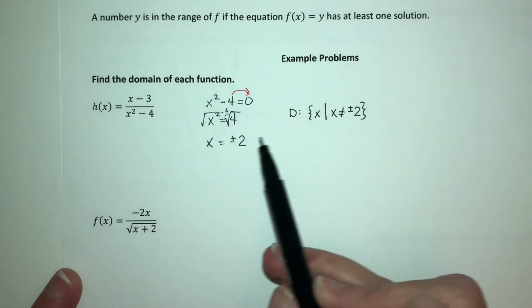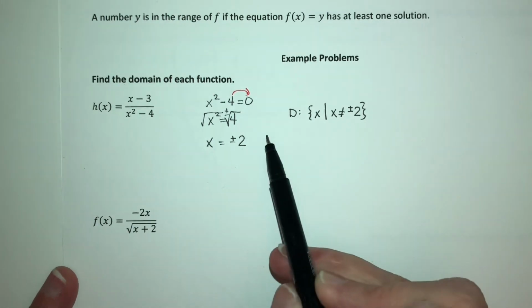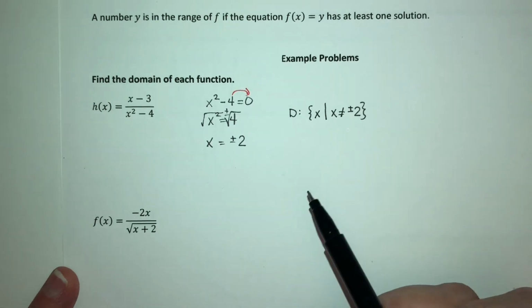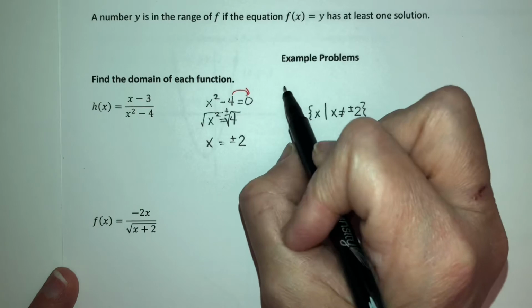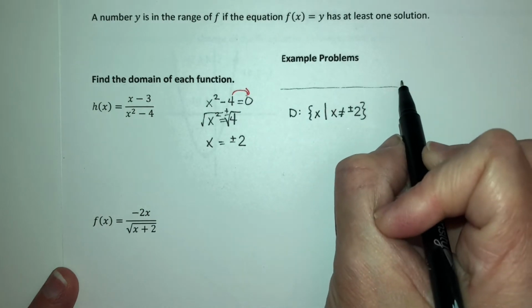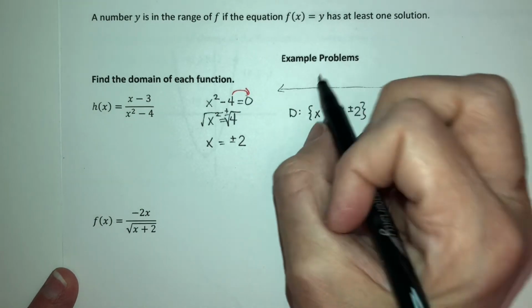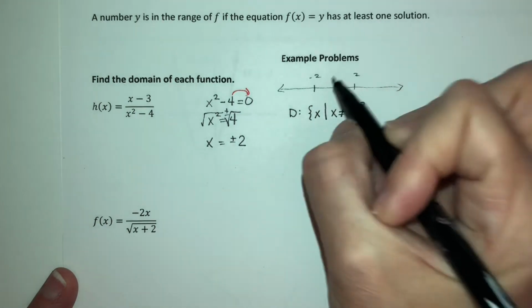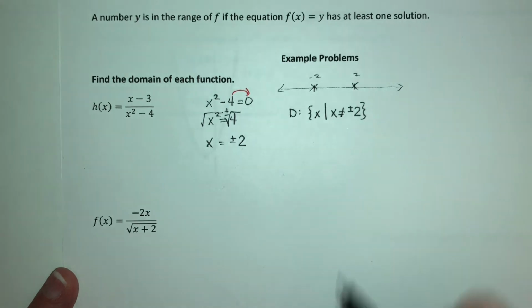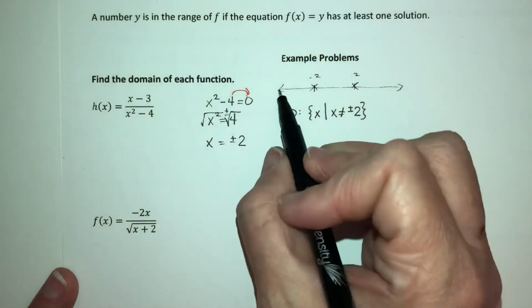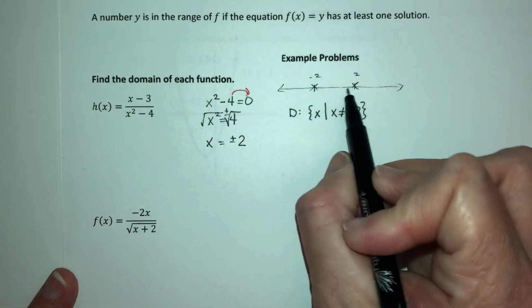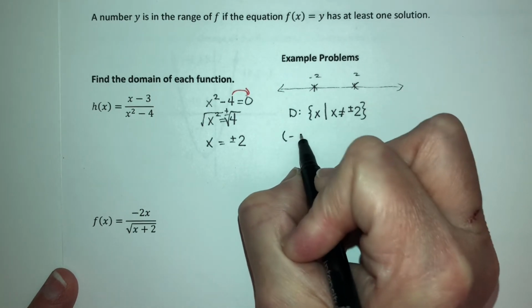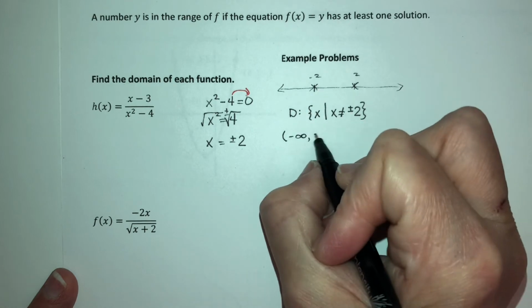Interval notation, we have to describe using the parentheses and brackets and unions, everything it can possibly be. So, you could probably do this without a number line at this point in your mathematical careers, but basically if you think about it on a number line, I need to get rid of these two values. So I describe this region, and this region. Here, that will be negative infinity up to -2.